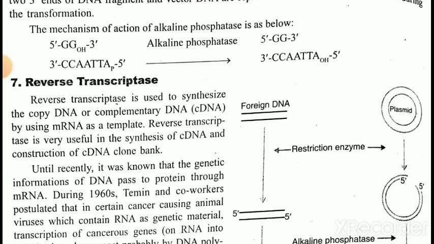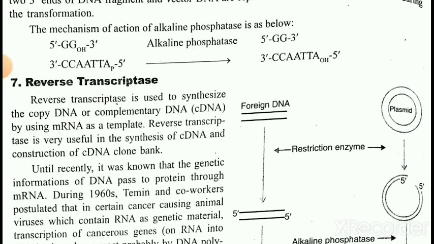7. Reverse transcriptase. Reverse transcriptase is used to synthesize the copy DNA or complementary DNA, cDNA, by using mRNA as a template. Reverse transcriptase is very useful in the synthesis of cDNA and construction of cDNA clone bank. Until recently, it was known that the genetic information of DNA passed to protein through mRNA.